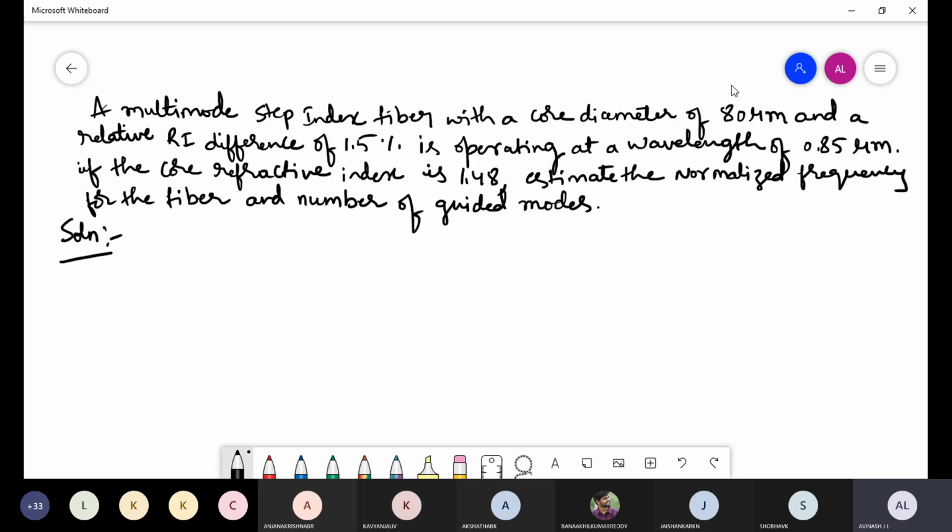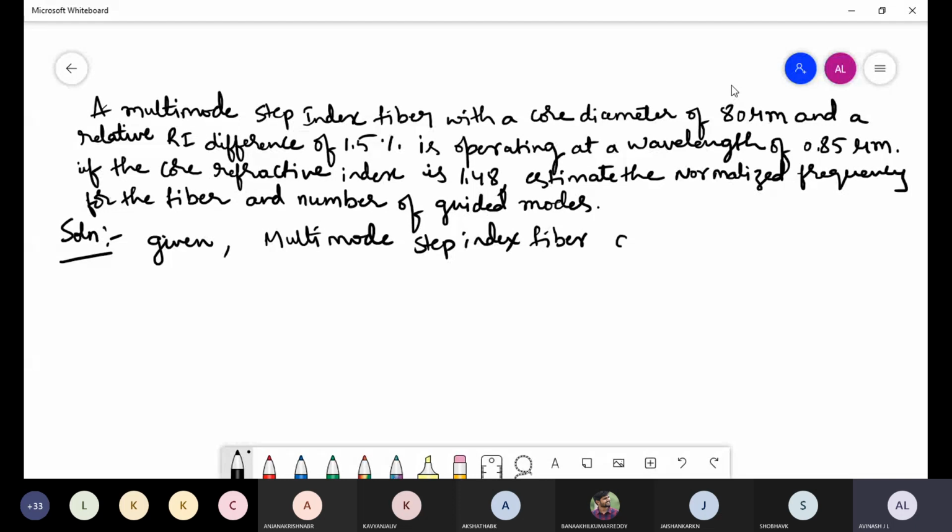In the solution part, first look at the given terms. First, you need to understand that it is a multi-mode step index fiber. The core diameter is 80 micrometer.